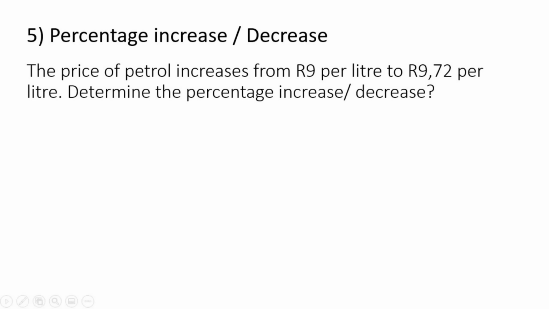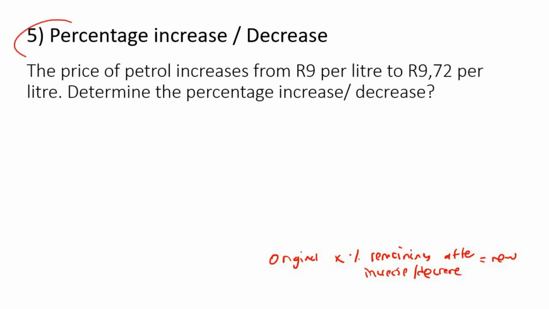So now we're going to go look at percentage increase and decrease. Now, you can use that same formula that I've been showing you: original multiplied by percentage remaining after the increase or decrease equals the new price. That also works for these.